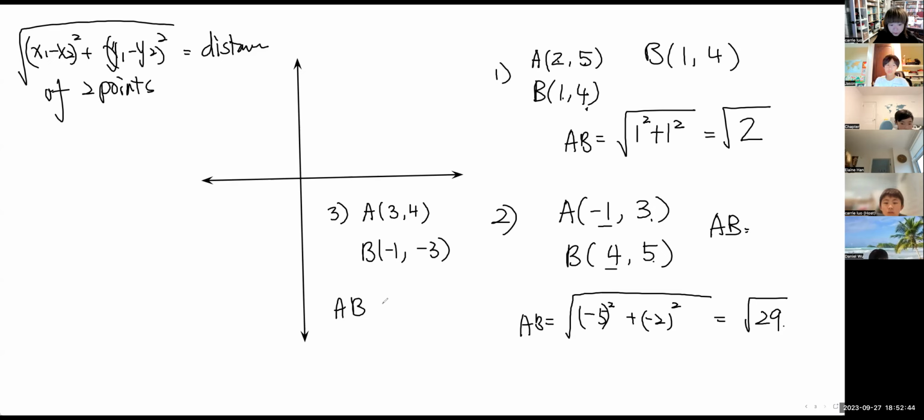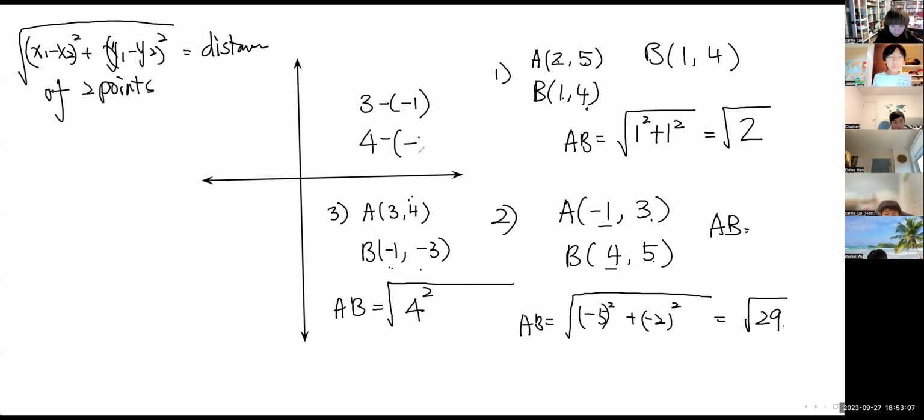Okay, very good. Can you tell me, for the first one, x1 minus x2 equals what? 3 minus -1 equals what? 4. Very good, so 4 squared. Then y1 minus y2: 4 minus -3 equals what? 7.